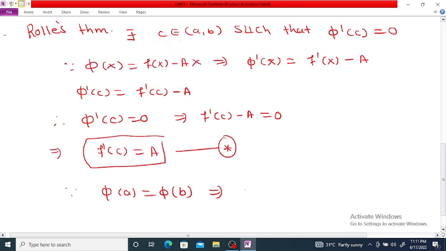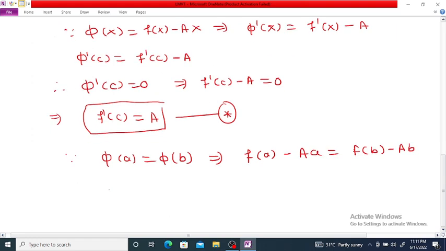So this implies f of a minus a into a equals f of b minus a into b. If you simplify this, we convert this term into the left hand side, and we write this term into the right hand side.